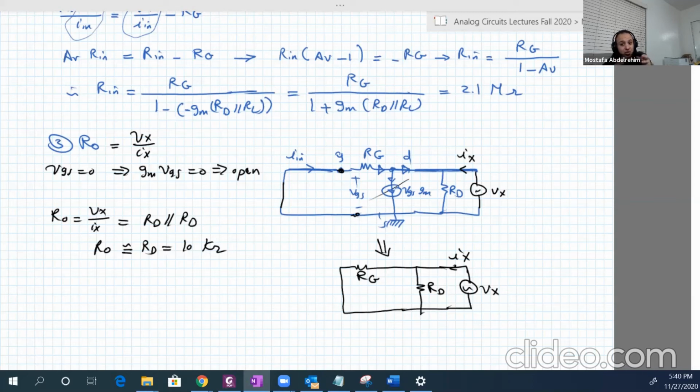I mean, we can play with RD, but as we see, most of the time it's a very low value. We also tried to put RS, and again, it was similar to the degeneration resistance RE in common emitter amplifiers. It also reduces the gain, but makes AV less sensitive to GM, if we assume that GM is sensitive to heat or something.